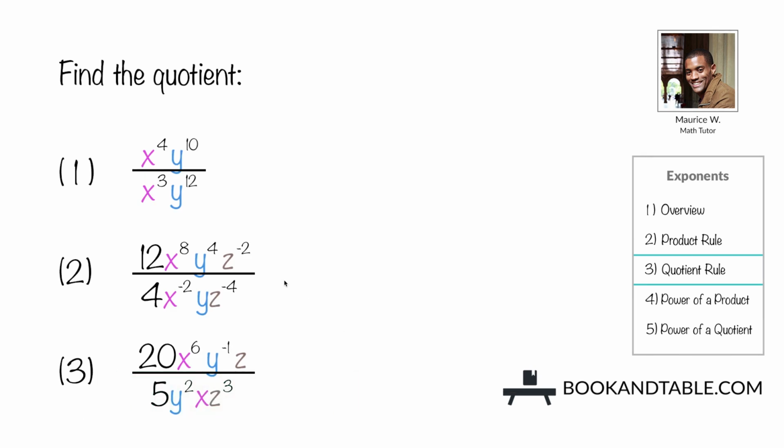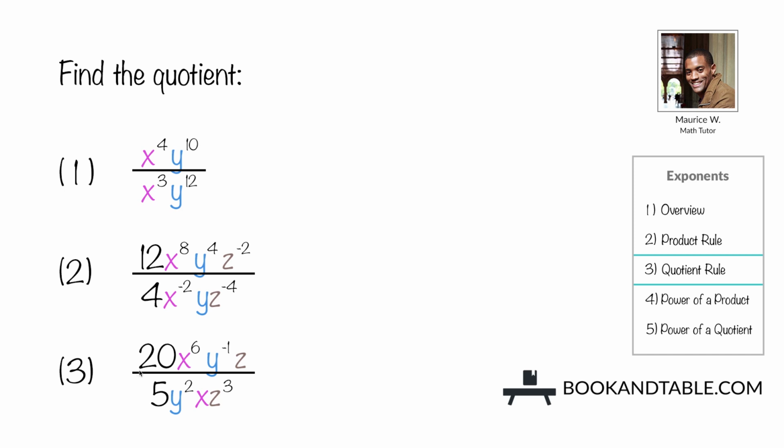Find the quotient. Question number 1, x to the 4th, y to the 10th, divided by x to the 3rd, y to the 12th. Question number 2, 12, x to the 8th, y to the 4th, z to the negative 2, divided by 4, x to the negative 2, y, z to the negative 4th.